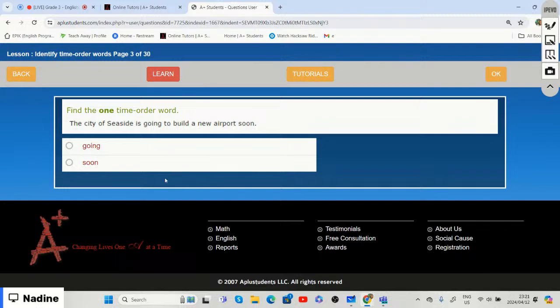The city of Seaside is going to build a new airport soon. We need to choose our one time order word. Is it going or is it soon?